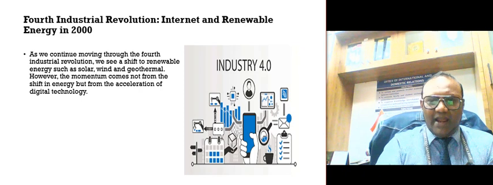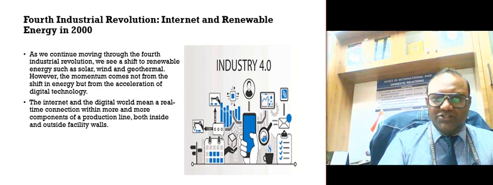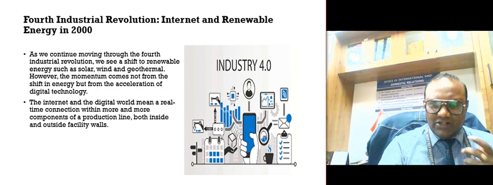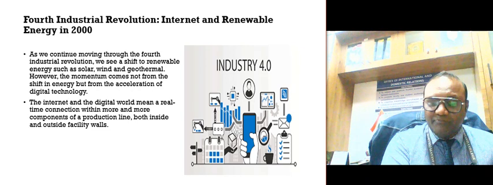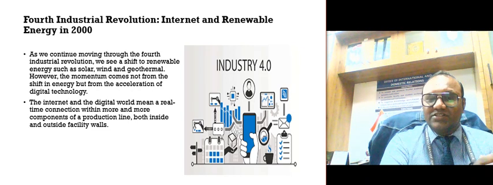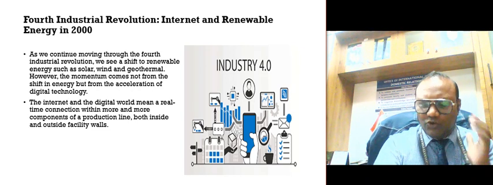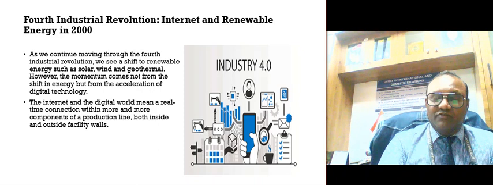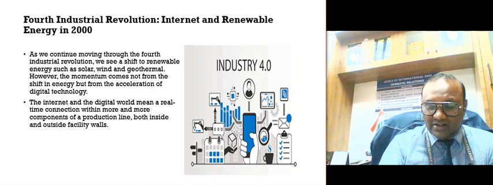So the internet and other renewable sources of energy started taking center stage in Industrial Revolution 4.0, and that is where we are talking not just about the advent of computers and internet, but we have grown over that and beyond that. Now we're looking at more of these digital technologies that are transforming.